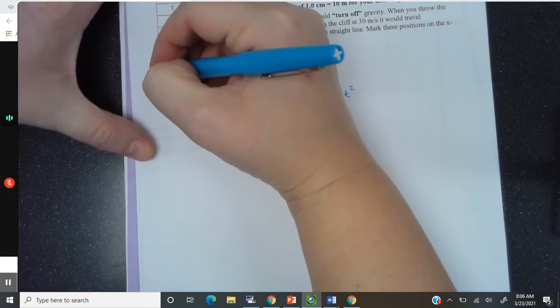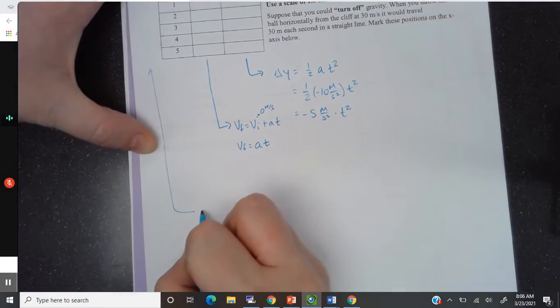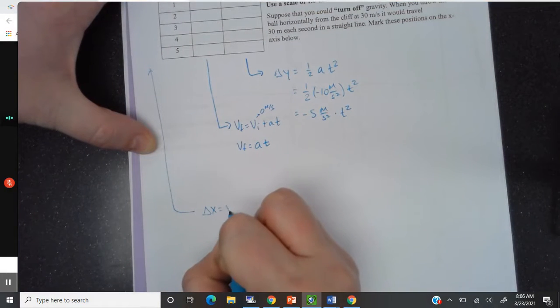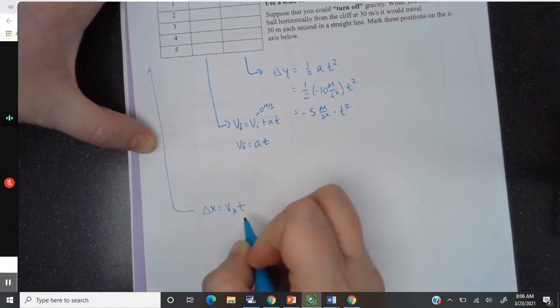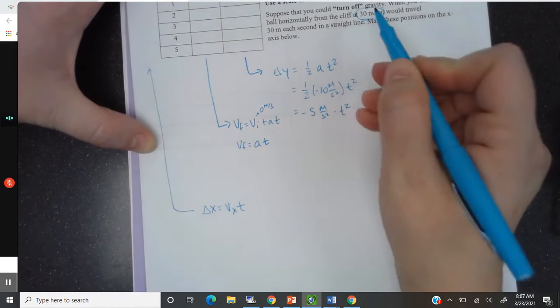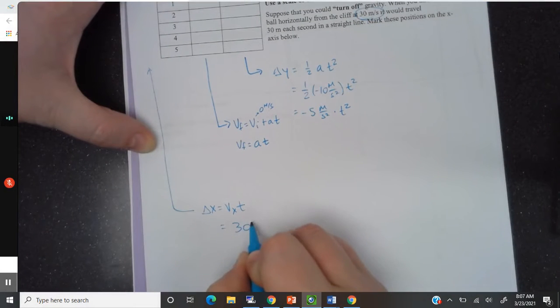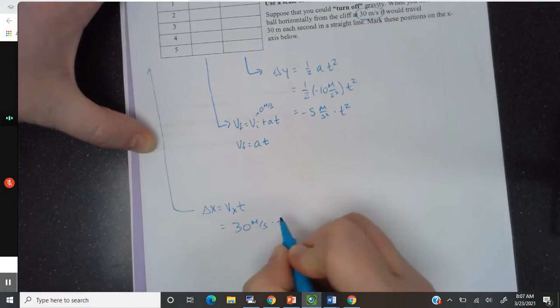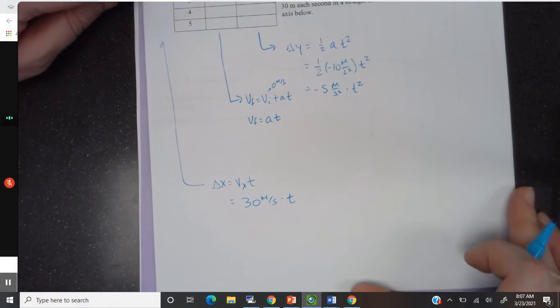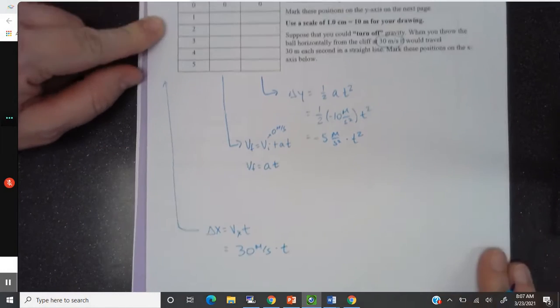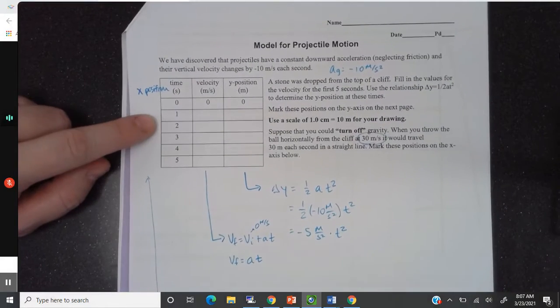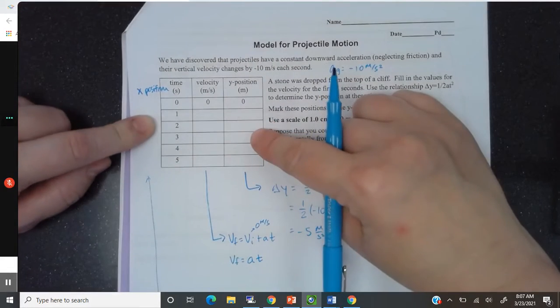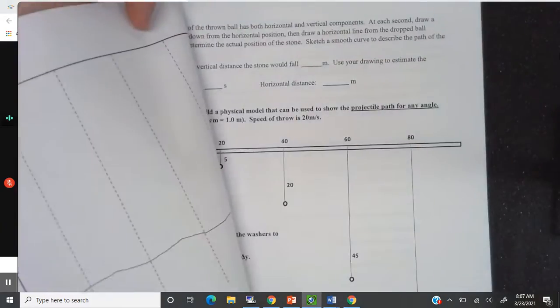And to do that, just like on our front cover, our change in position is equal to the velocity in the horizontal direction times time. And our velocity here is going to be 30 meters per second times the time that has passed. And so that's going to give you your x position. And then when you have your x position and your y position, you're going to use those as coordinates on this page.